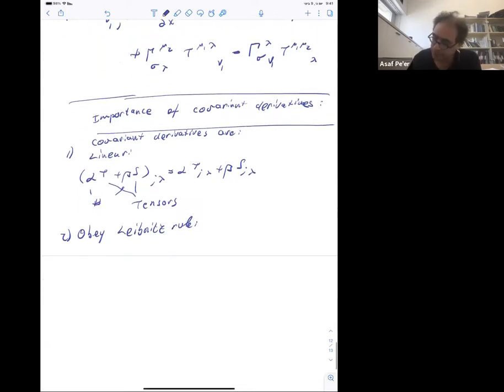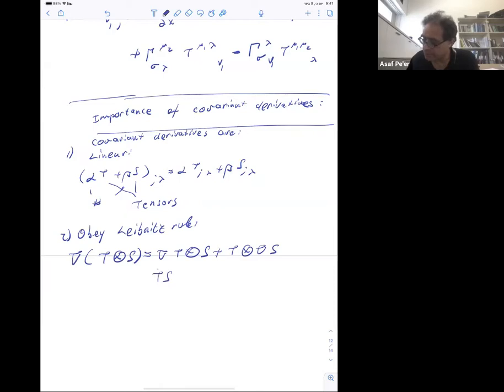So the covariant derivative of an external product of T and S is just the covariant derivative of T times S plus T multiplied by the covariant derivative of S. If you want (TS);lambda, it's just T;lambda S plus T S;lambda.